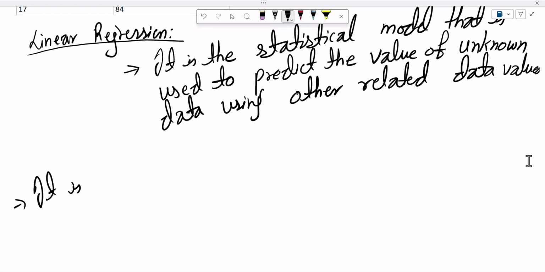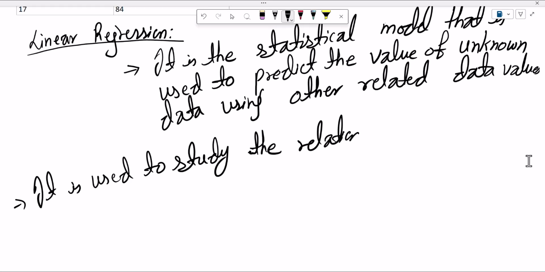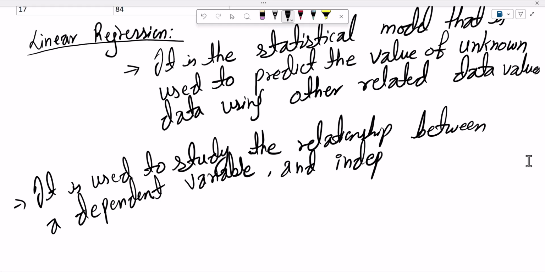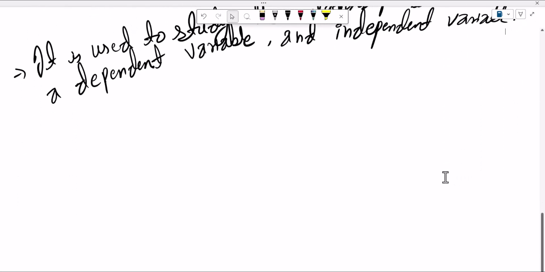It is used to study the relationship between a dependent variable and an independent variable. So we have two variables, one is dependent and another is independent.